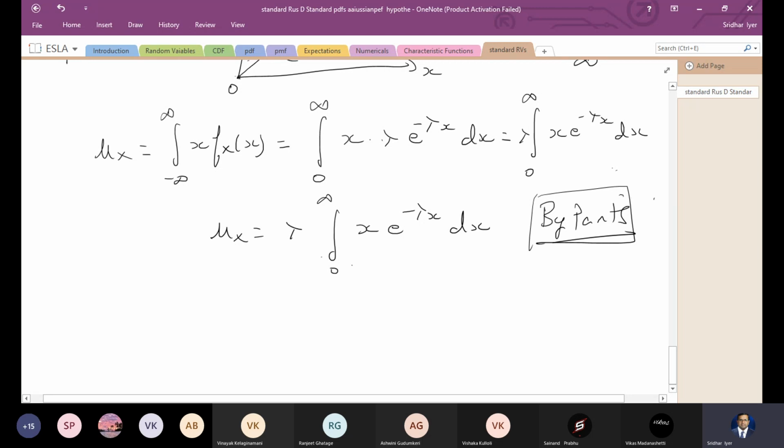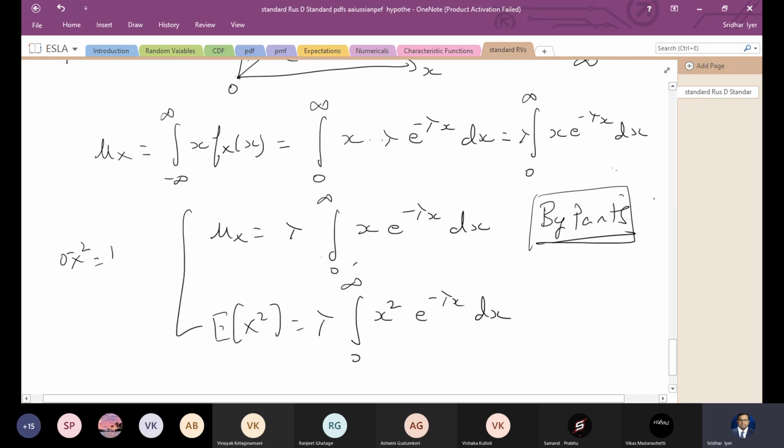Okay, so while you are doing this, you can also find E of x square, which will be lambda times the integral from 0 to infinity of x square e raised to minus lambda x dx. And once you have these two, sigma x square can be found out as E of x square minus mu x the whole square.